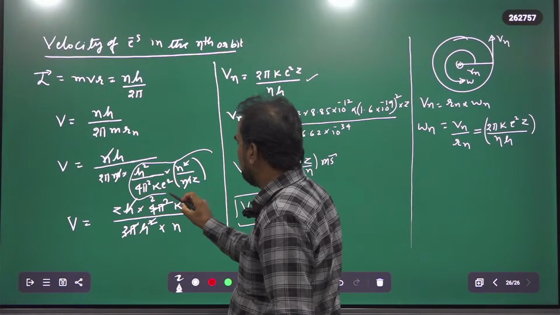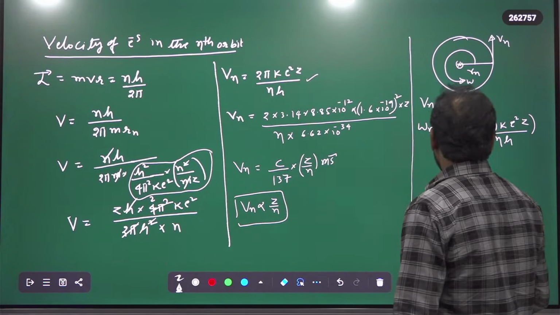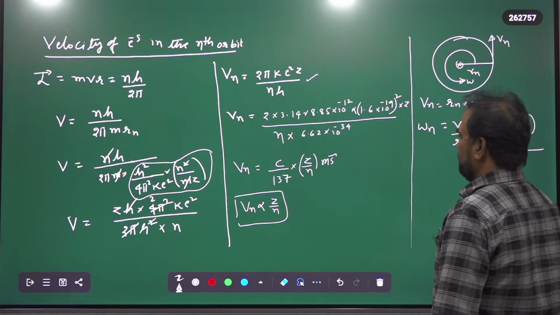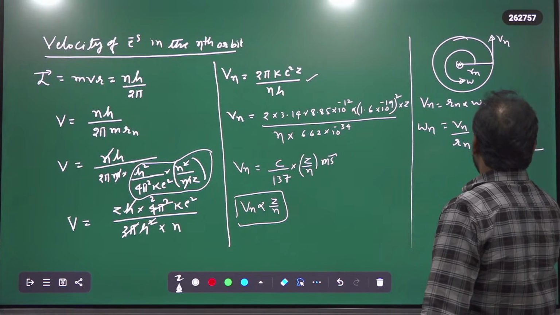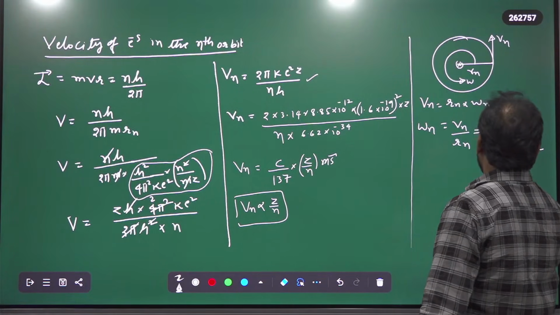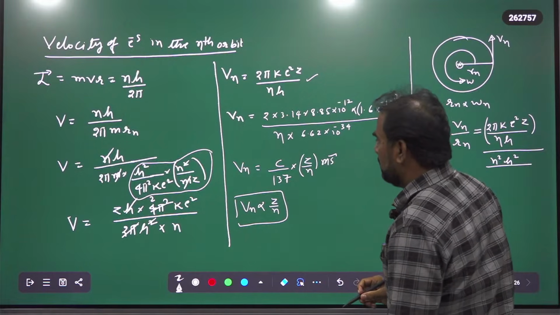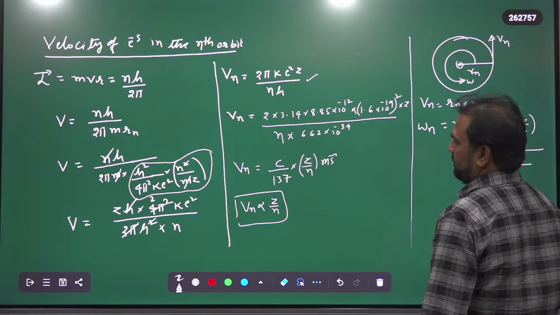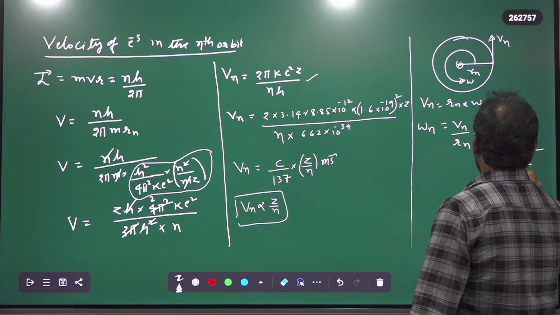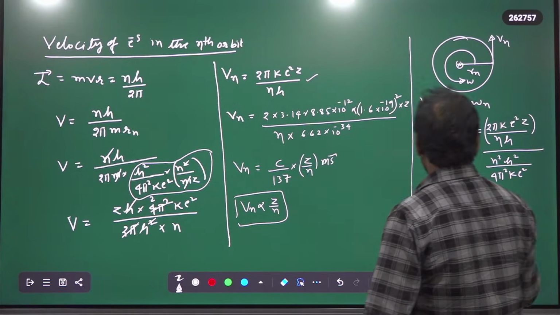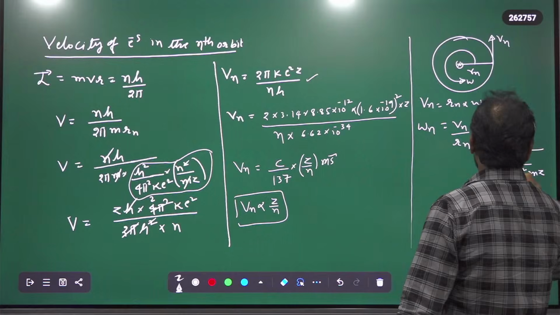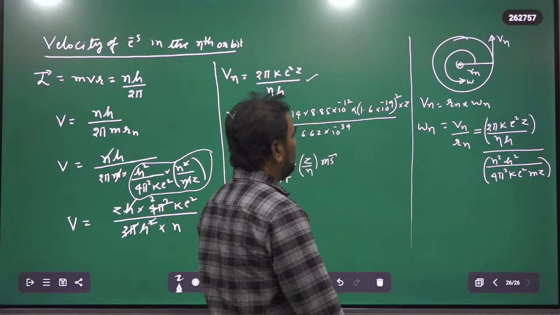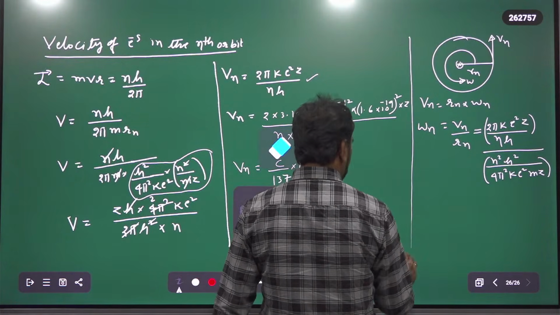Rn is equal to n square h square upon 4 pi square k e square m z. Is it clear? Therefore, omega n is given by, see here.